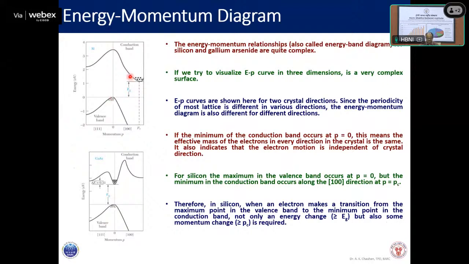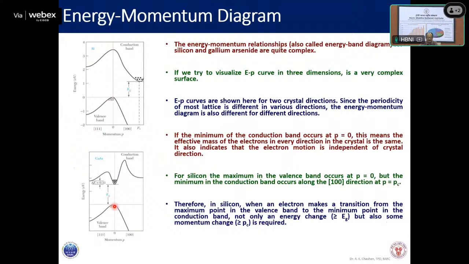In that case, you can give Eg energy plus the change of this momentum, and then the electron will reach the conduction band. However, in the case of gallium arsenide, the valence band maximum and conduction band minimum lie at the same value of p, which is 0.